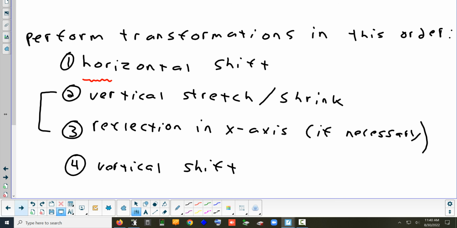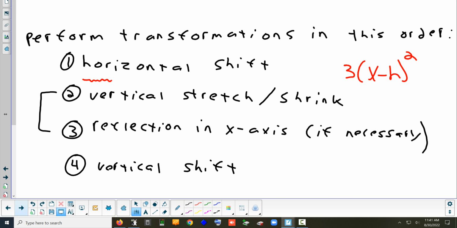The next thing you would deal with, so this is the stuff that's inside the squaring function. You just dealt with the minus h, or plus h if it was a plus. The next thing we deal with is the vertical stretch. That's when we have a number multiplied in front of the squaring function. It's not inside the squaring function.